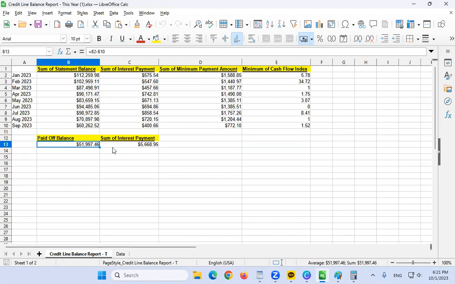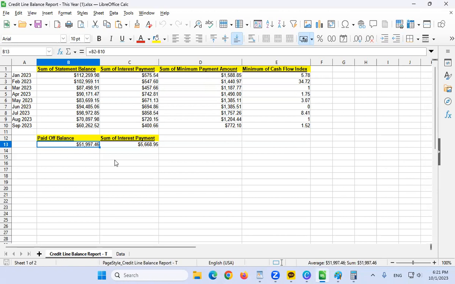I paid off $51,000. I had $112,000 in line of credit or credit card debt this year, and then I paid off $51,000 by this month, which is the month of September.